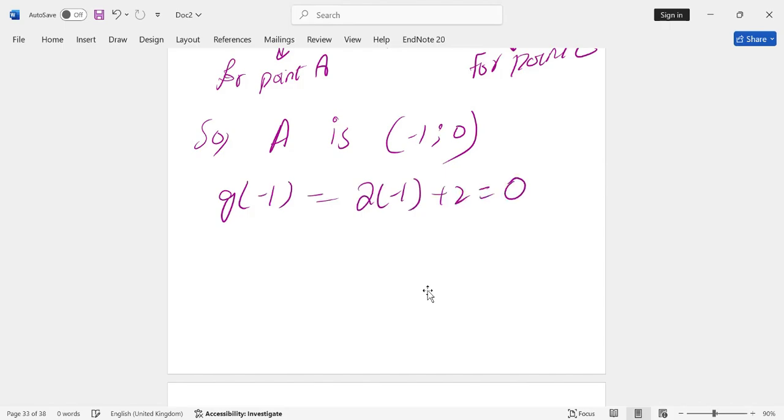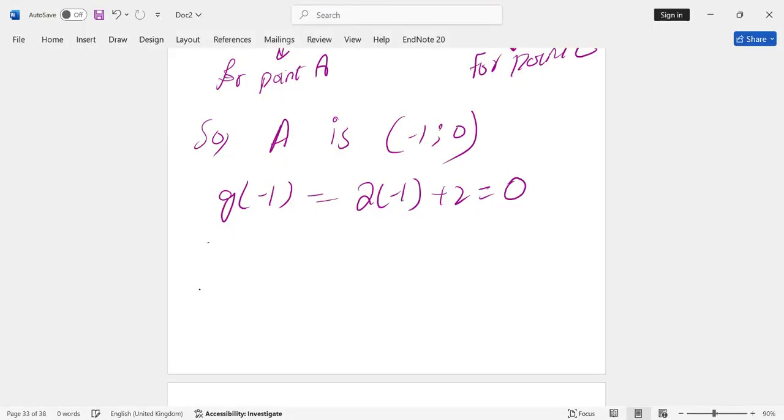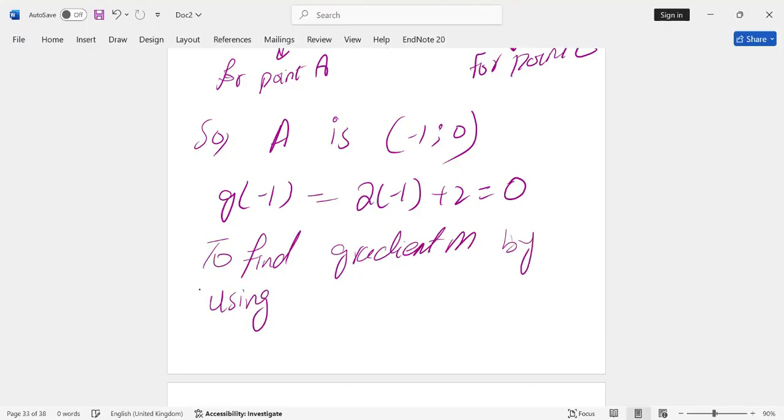So then to confirm g of x equals 2x plus 2, first we have to calculate the gradient m using A, that is minus 1 and 0, and C, that is 3 and 8.